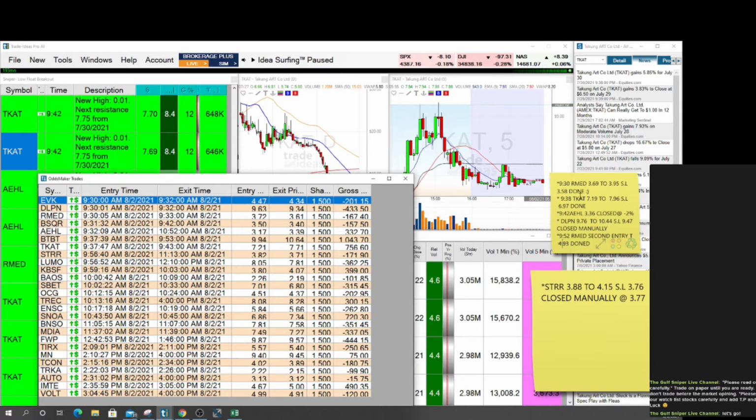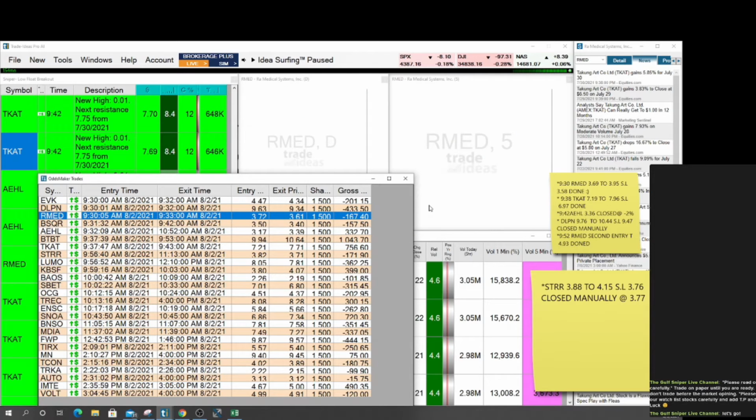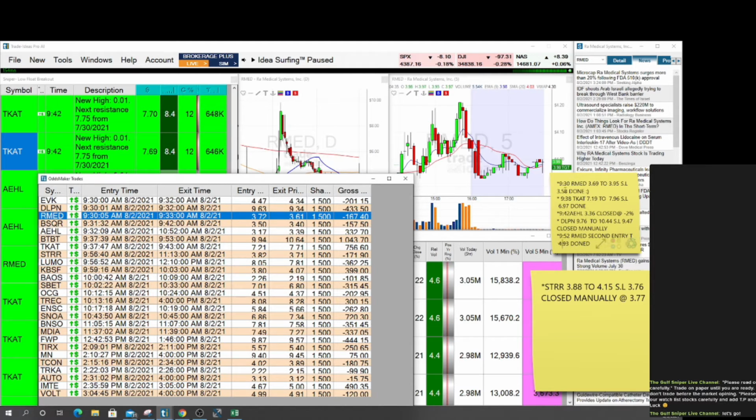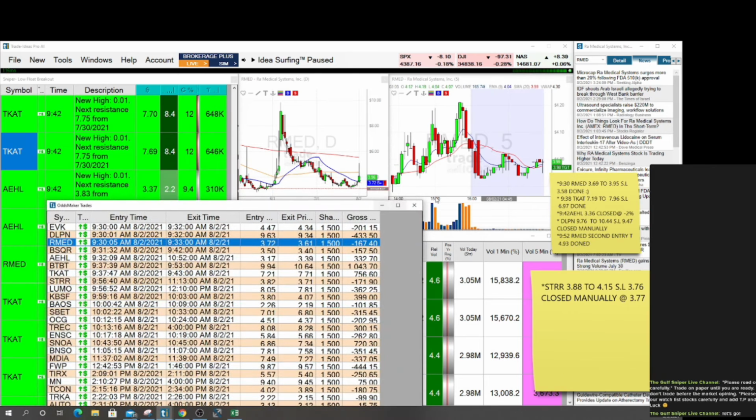The first entry was MED, and MED made a profit for us in 3 minutes, but here it is showing that it made a loss of $167.